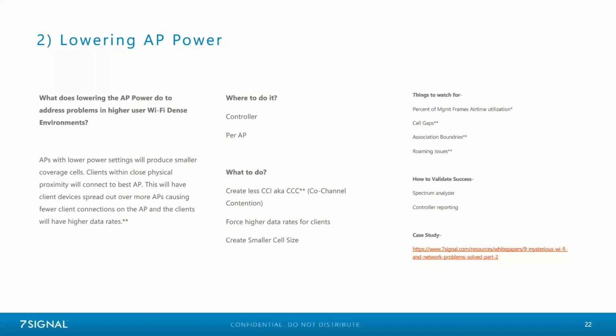So what to watch for after this is done is to look at the percent of management frames airtime utilization. The thing that's causing the problem is the thing we're trying to fix, right? The net of all of this conversation for this type of environment is that usually what is causing the issue is too much management overhead traffic in the environment.